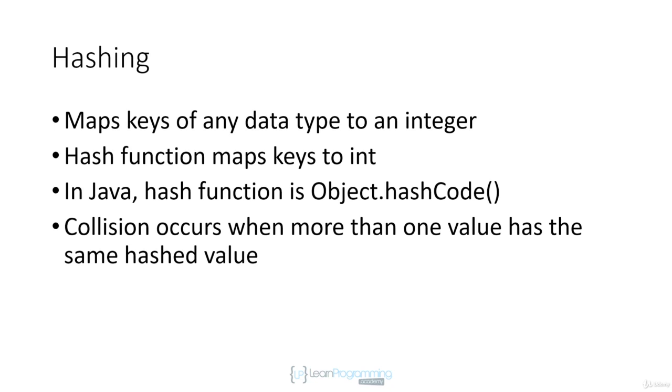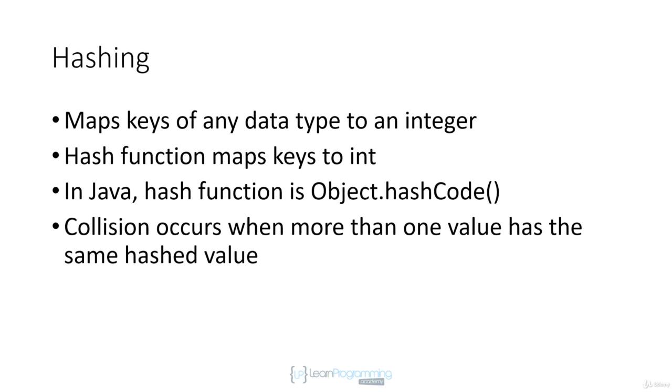Now, it's possible that the hashing method may produce the same integer for more than one value. And when that happens, it's known as a collision. So in our case, let's say, as I mentioned, we're going to use the last name of our employee as the key.